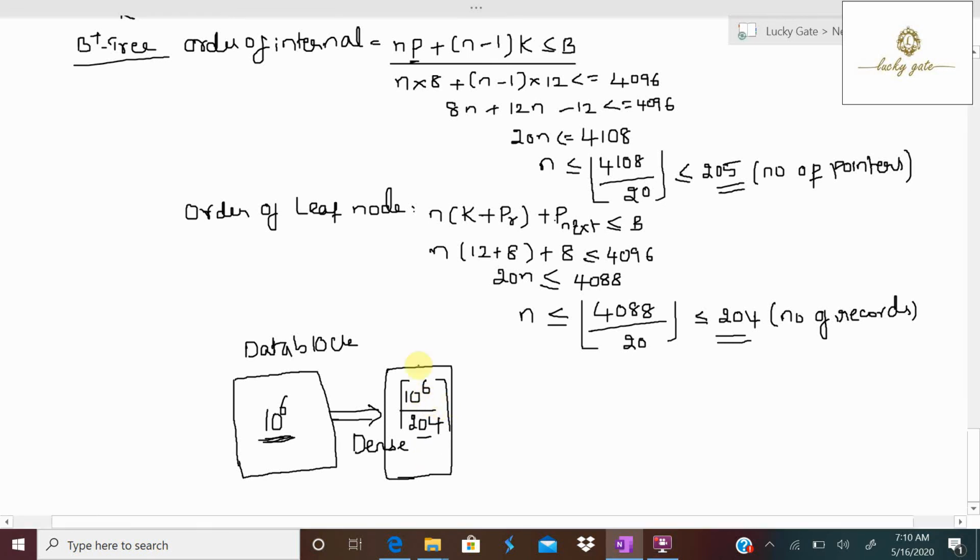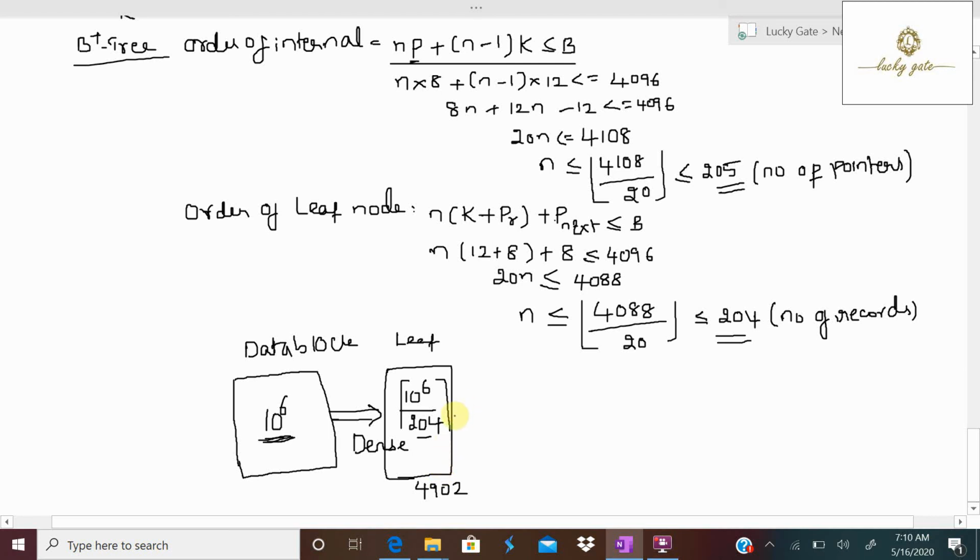It means in the first level, when I'm talking about the leaf level, it requires how many blocks? 4902 blocks. Because it is 4901.96, and 0.96 is going to occupy the next block.